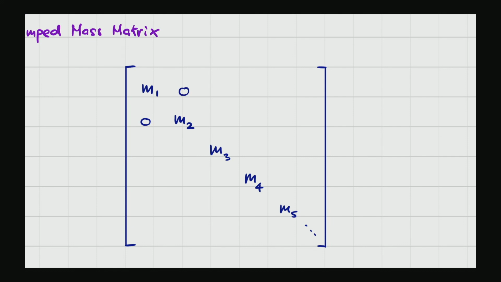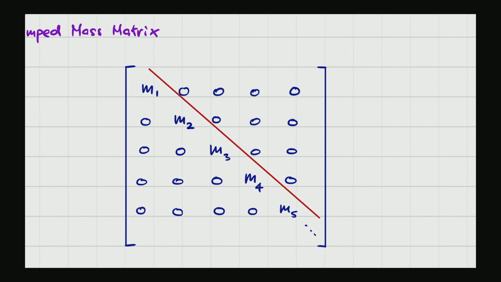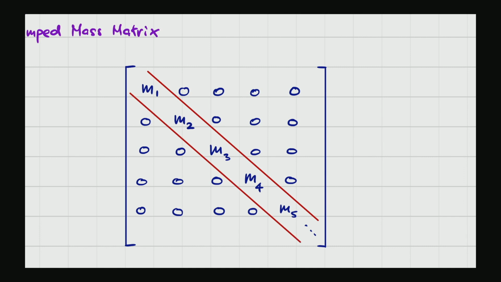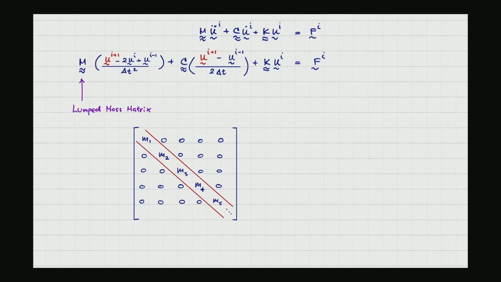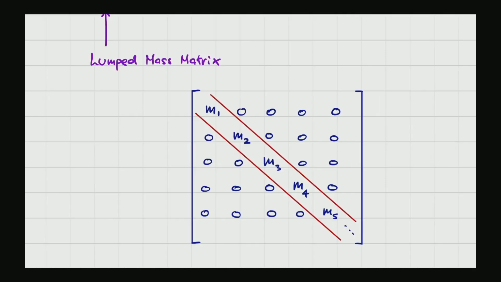And then 0 elsewhere. So you have only just non-zero band. Well, you have some coefficient, right? 1 over delta t square.